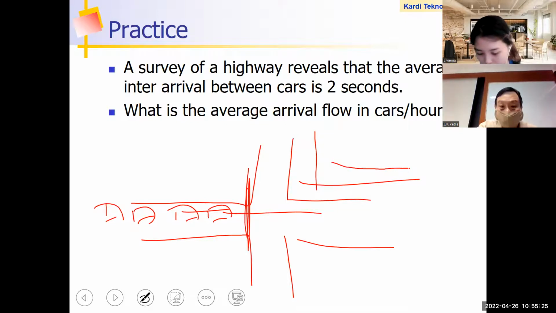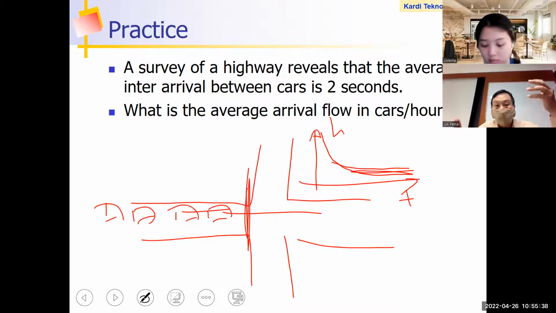That stabilized headway, this is okay. When you convert it, this is time and this is the headway. You understand that headway means the inter-arrival time between two bumpers. So this is about 1.5 to 2 seconds, the stable one.